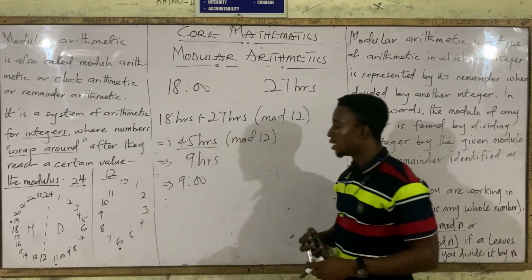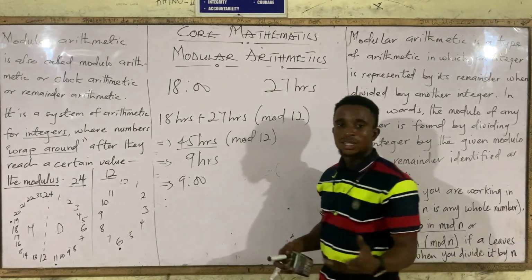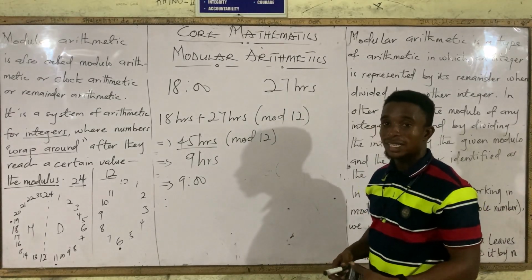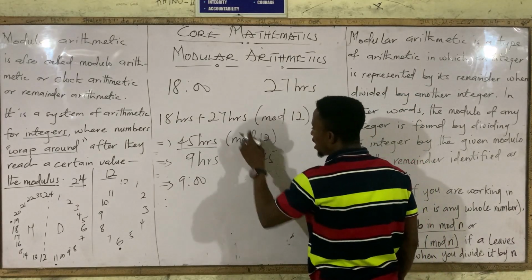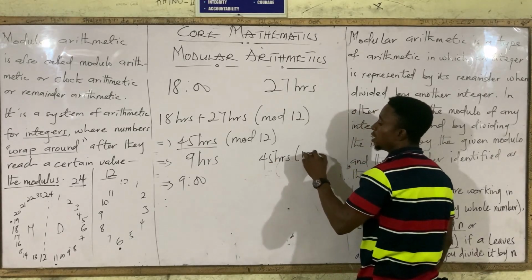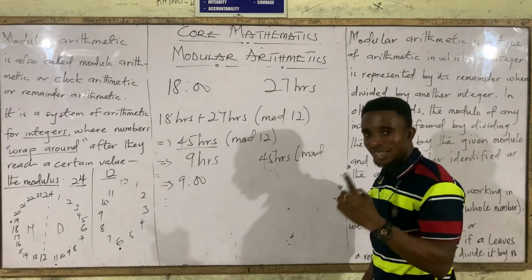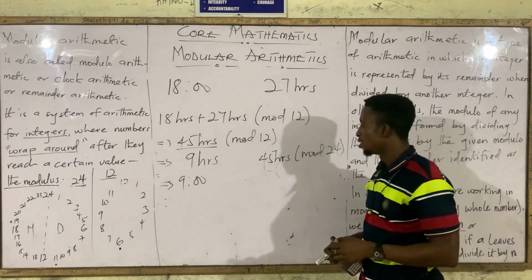Then let's now proceed. So now I have this, and I can also convert it to the 24-hour clock. Are we getting that? To do that, I'm going to have the same thing, 45, because this plus that. 45 hours, then in mod 24.